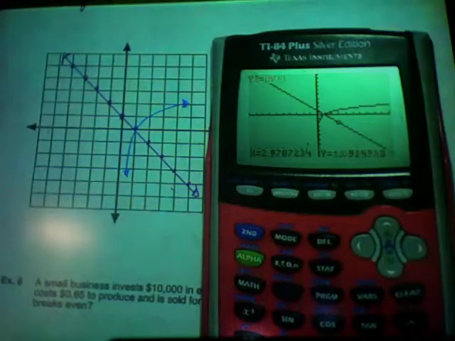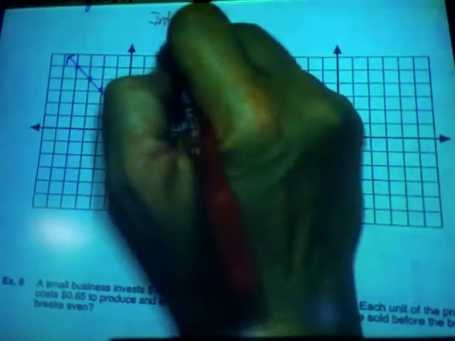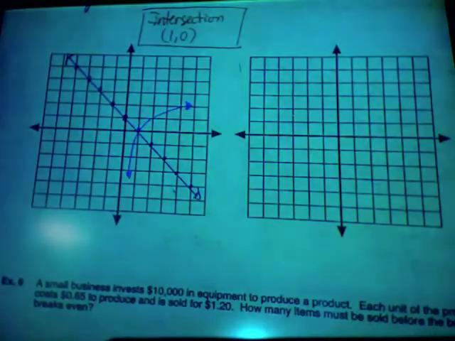I'm going to press enter. Second curve, it's now shot right up here, so I'm going to press enter. And then guess. Is that where it intersected? Sure enough. So that is our answer. Our intersection is 1, 0. So that's our solution. This only has 1.